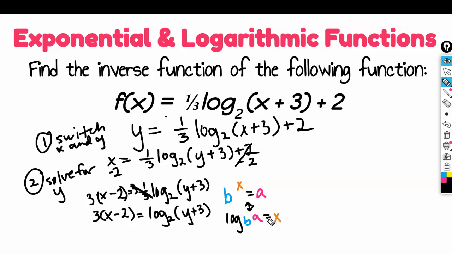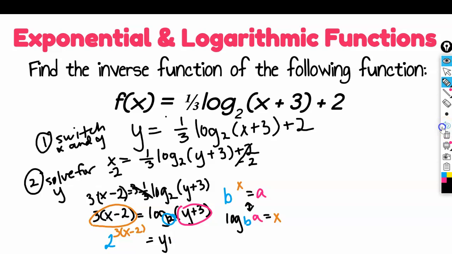So, I'm given a log, I want to write an exponential. So I'm going to want to write it in this format. So I start out with my base. So my base is 2. My exponent is going to be found on the other side of the equal sign from the log. So this is my exponent. Alright, and then my A is going to be this. So it should equal A.